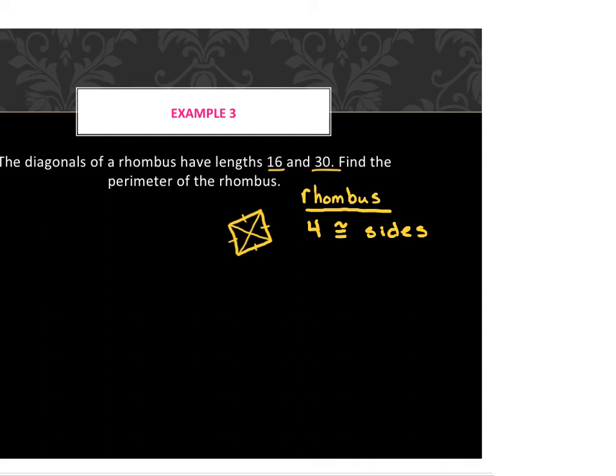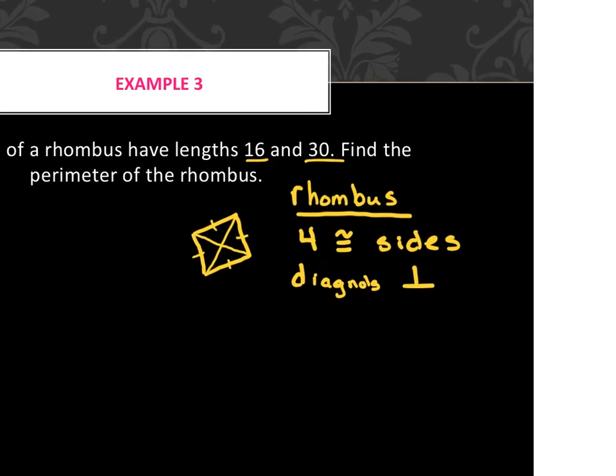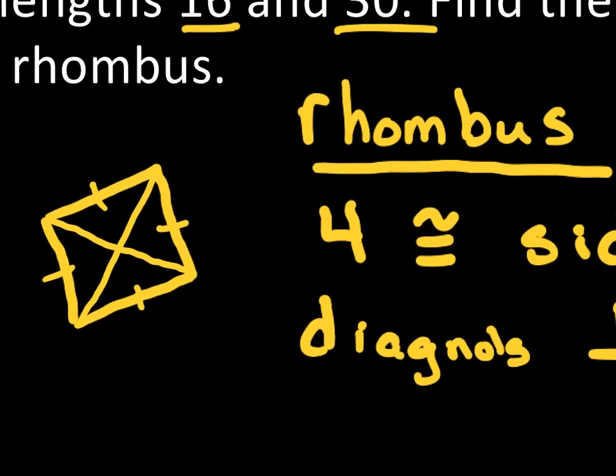Also, what is true is that our diagonals are perpendicular. Meaning, I'm going to zoom in here, when these two diagonals meet up with each other, they form right angles. There, there, there, there.